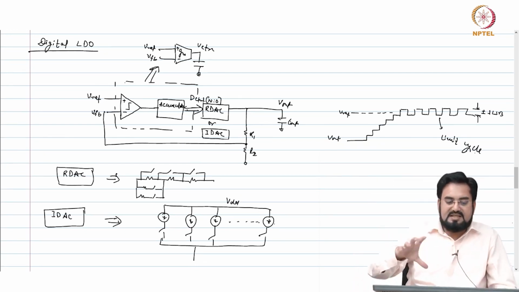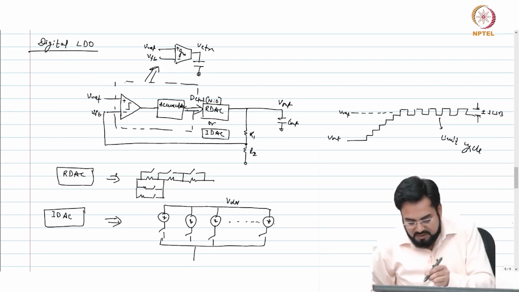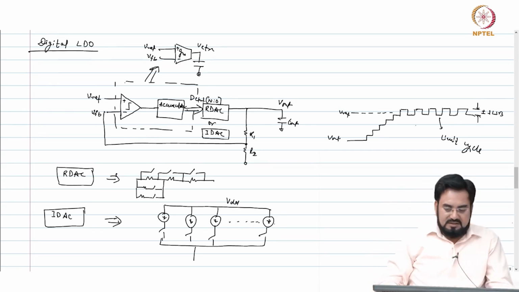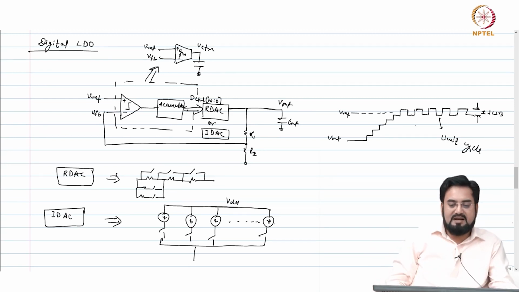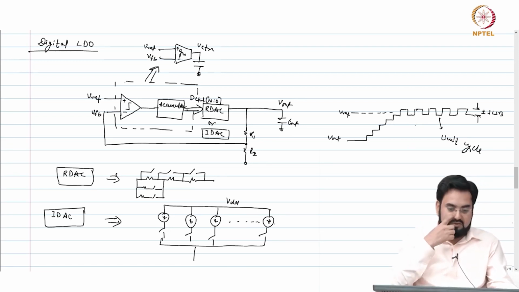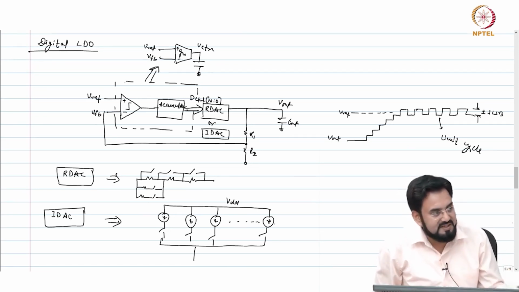And this amplitude increases if you. So what happens actually, this is the best you can achieve here, but in order to get this your bandwidth should be very low. Why? So if you move around the loop, your accumulator is very slow.